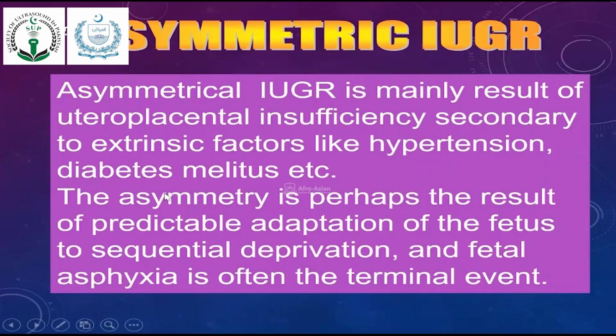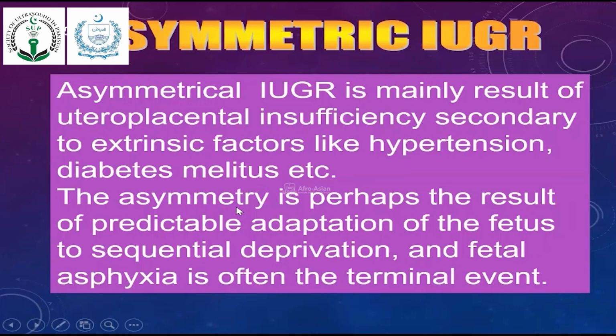We can say that asymmetrical IUGR is mainly the result of uteroplacental insufficiency secondary to extrinsic factors like hypertension, diabetes mellitus, etc. The asymmetry is perhaps the result of predictable adaptation of the fetus to sequential deprivation, and fetal asphyxia is often the terminal event.